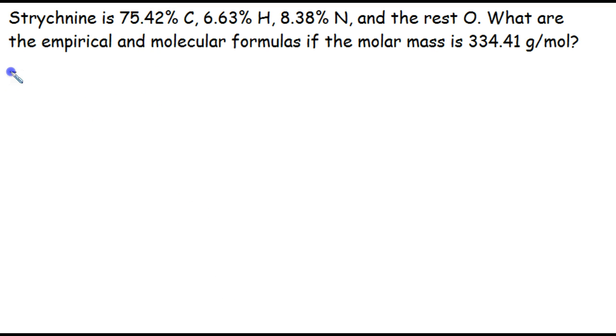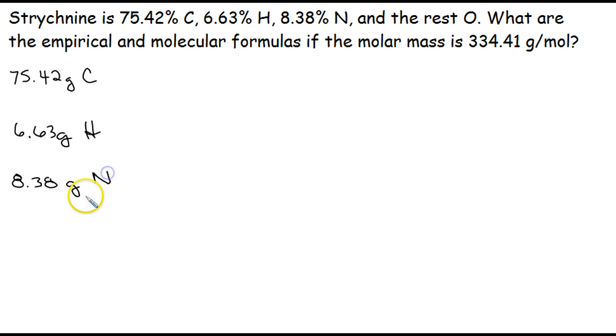So we should have 75.42 grams of carbon, 6.63 grams of hydrogen, 8.38 grams of nitrogen, and then if you say 100 minus the percentages you were given, you should get 9.57 grams of oxygen.